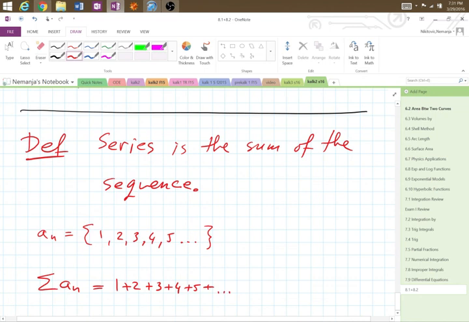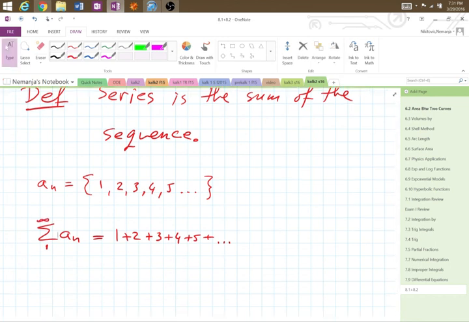Now, it doesn't take a genius to figure out that this one will actually diverge because you keep adding numbers forever and the sum grows. So this particular series diverges. Now, what's important here is to understand that we started this series at 1, and then we are going to infinity.